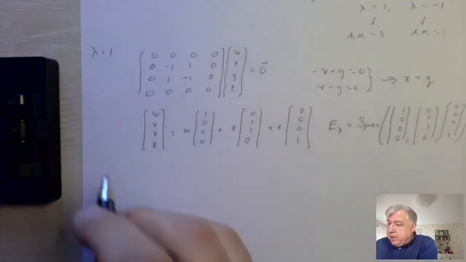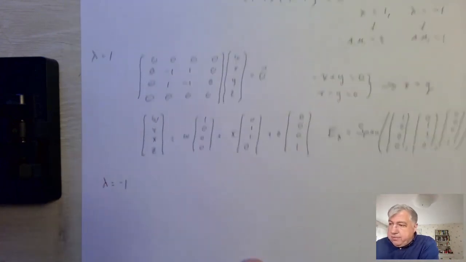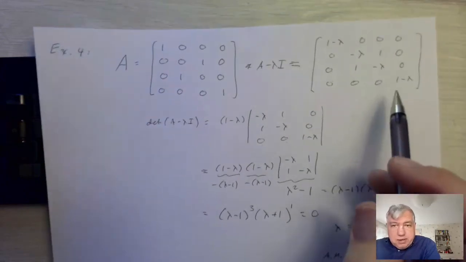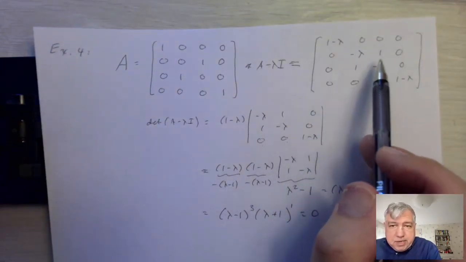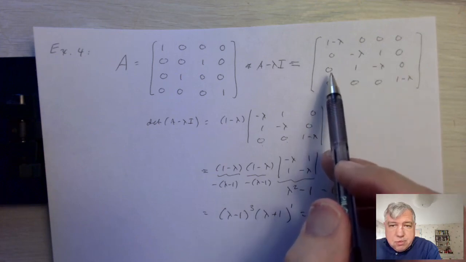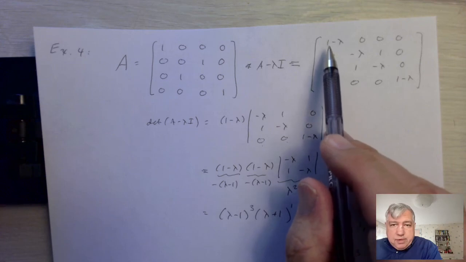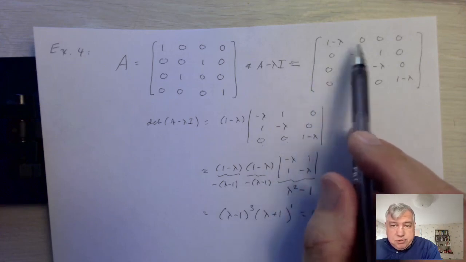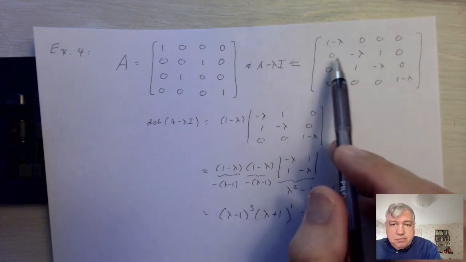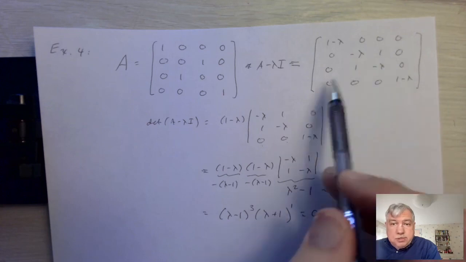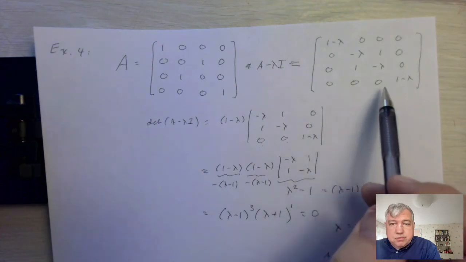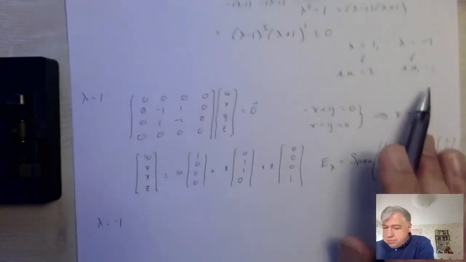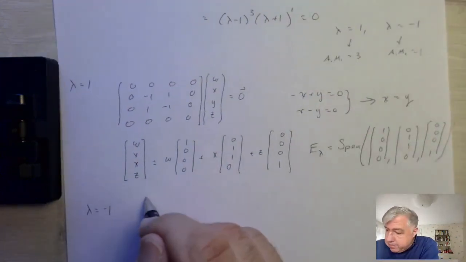Now where lambda equals negative 1. Plugging negative 1 in here, I'm sorry, let me try again. When lambda equals negative 1, we get rows (2, 0, 0, 0), (0, 1, 1, 0), (0, 1, 1, 0), and (0, 0, 0, 2).